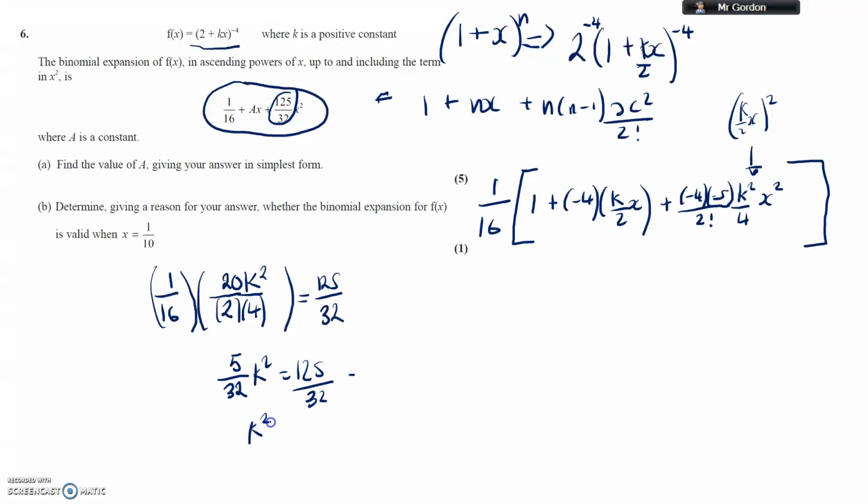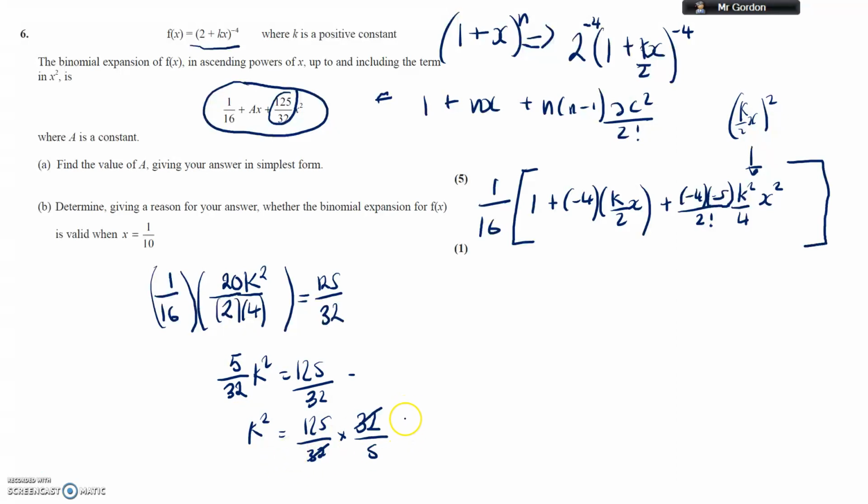So we've got k squared is equal to 125 divided by 5 over 32, which is the same as multiplying by the reciprocal. Keep flip change, if you remember that from GCSE. So instead of dividing by that, I'm going to multiply by the reciprocal of it. And the 32s are going to cancel out.